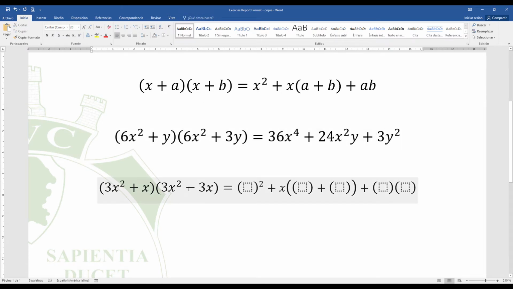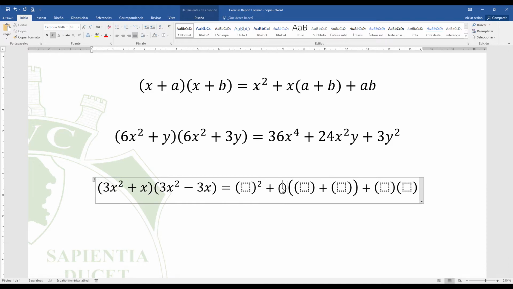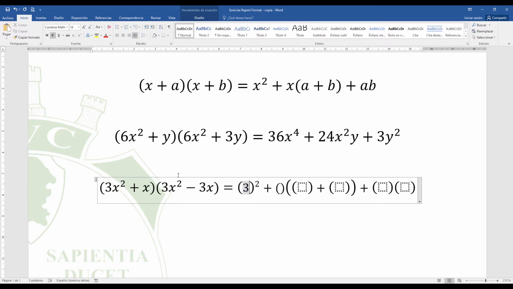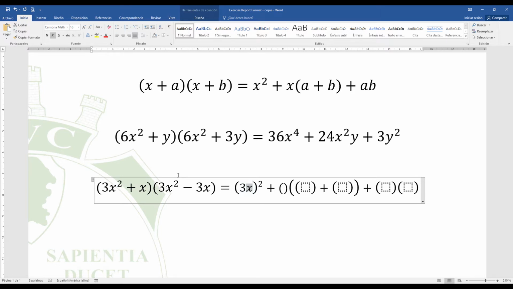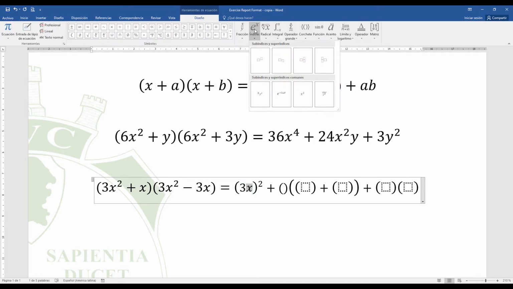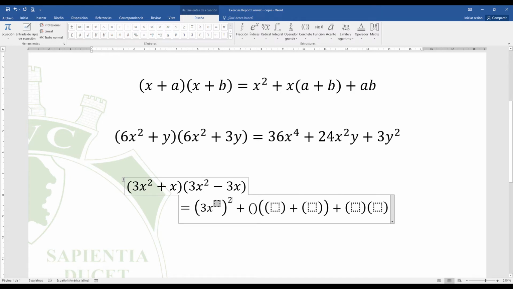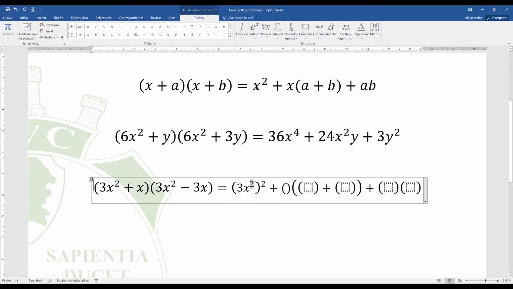Now the next exercise. Remember, this is the common term or the common factor. It is 3x squared. Let me reduce the size a little.